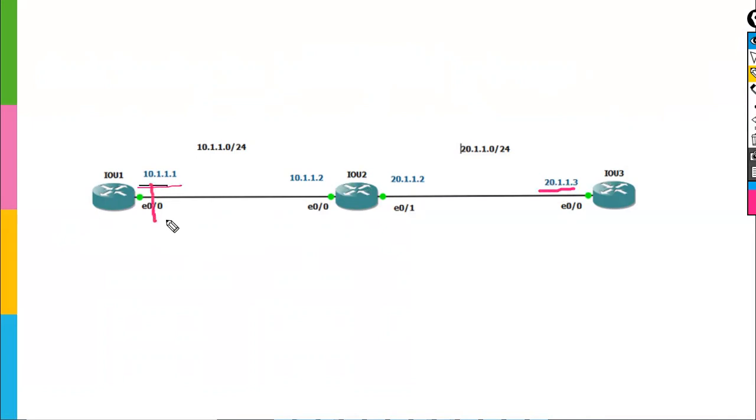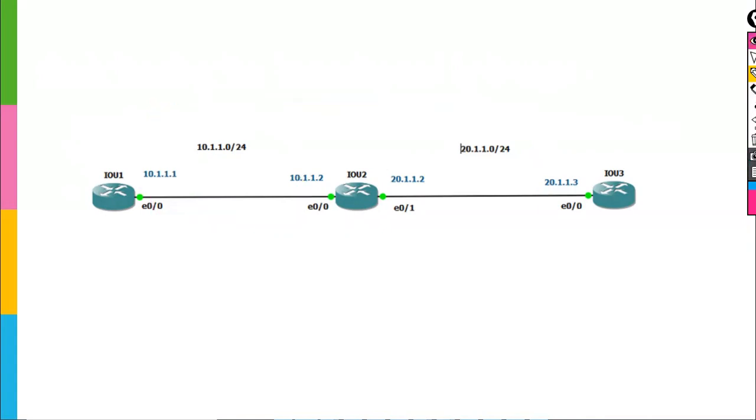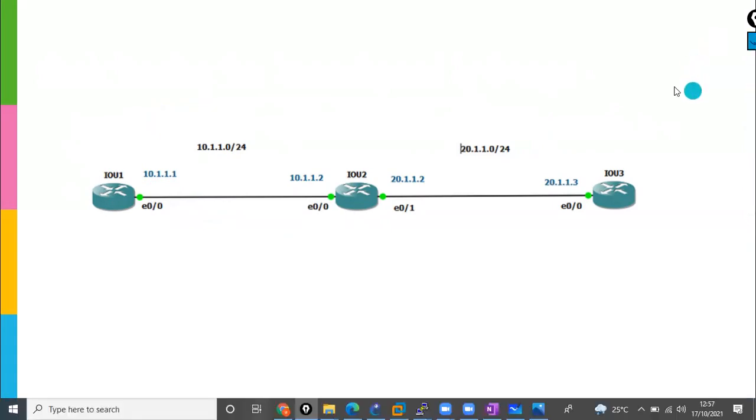This is communication within the same network. Now we have to communicate from one network to another. The router will help us, and the router will take the help of routing protocols. Which routing protocol are we going to configure here? We are going to configure static routing with next hop. Okay, let's start.